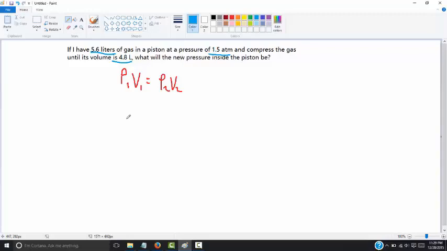So we're asked to find the new pressure, or P2. To isolate P2 by itself, you need to divide this side by volume 2. And whatever you do to this side of the equation, you have to do to the other side also. So when you do that, the V2's cancel out.